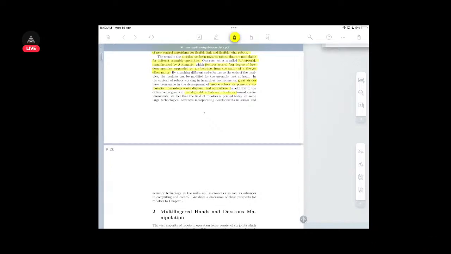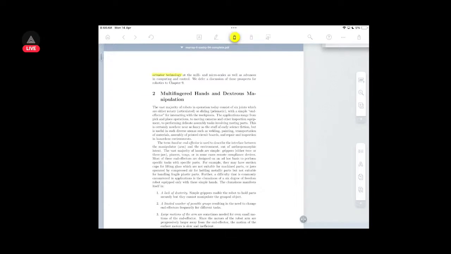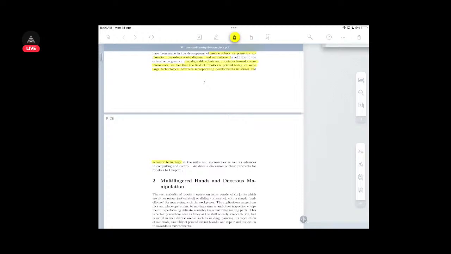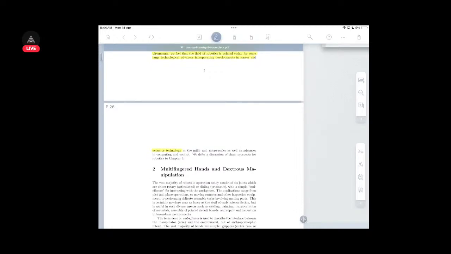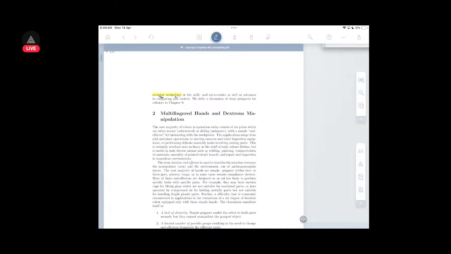Reconfigurable robots and robots in hazardous environments are areas where we feel the field of robotics is primed today for some large sensor and actuator technology advances. So we need actuator and sensor technology at the milli and micro scales.